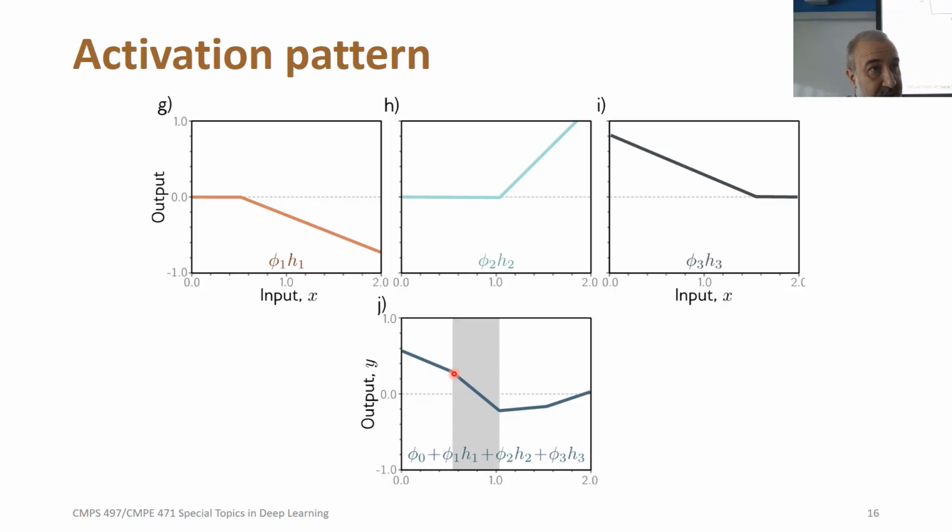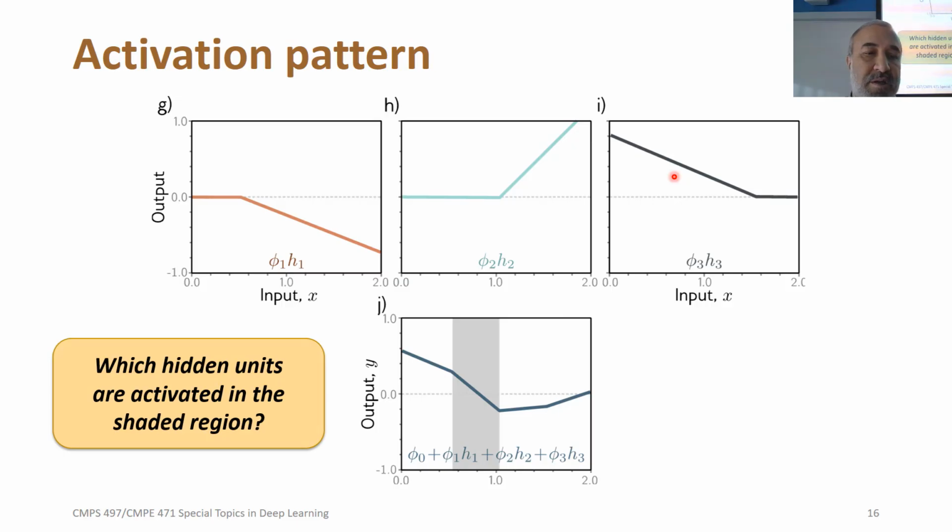Is it the first hidden unit, second hidden unit, third hidden unit? The first one has no effect because it's zero, so it doesn't change anything in the output. The second one, the same. So only the third one is active. Active here means it actually has an effect on the output. So you can see each region has a pattern. In each region, some of the hidden units are active and others might not be.